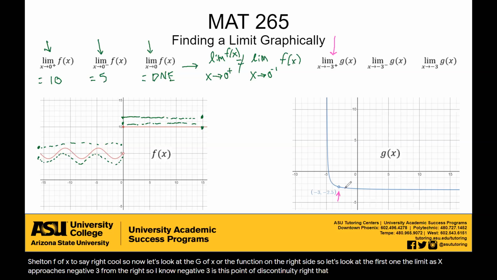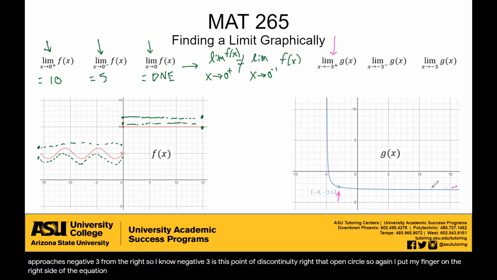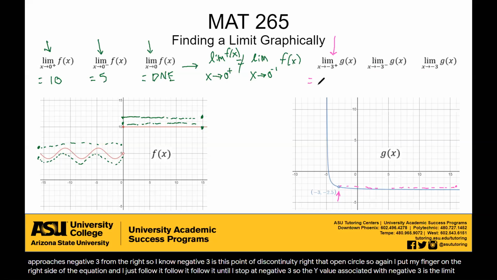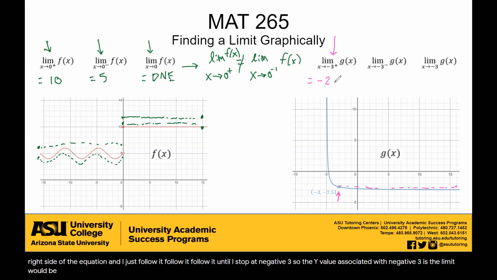That open circle. So again, I put my finger on the right side of the function, and I just follow it until I stop at -3. So the y value associated with -3, i.e. the limit, would be -2.5.